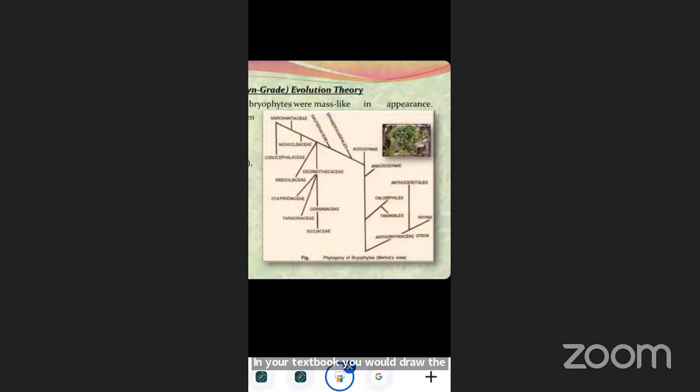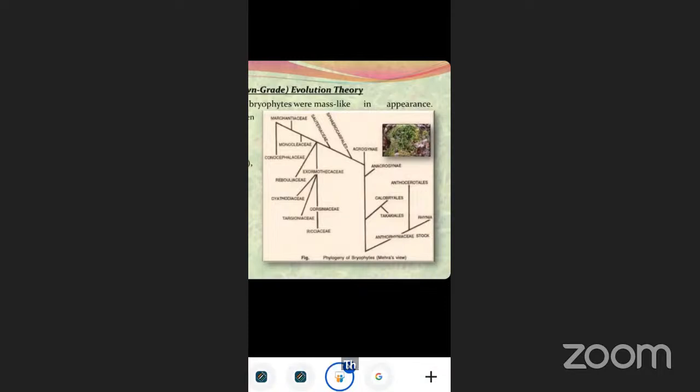Here, from Funaria and Polytrichum to Marchantiales, but here from Marchantiales to the Funariales. You explain that. Those diagrams are also important.